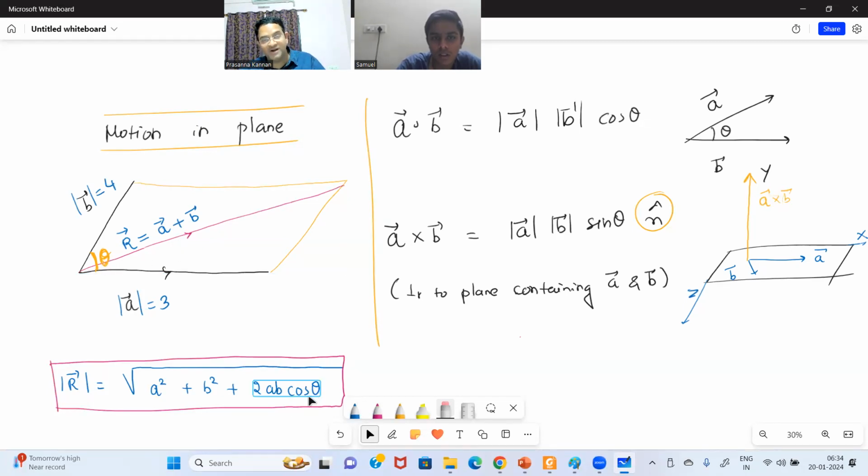Suppose theta is 180, cos 180 is minus 1. Then it will be 3 square plus 4 square plus 2 into 3 into 4 into minus 1. You will get the answer as 1 unit if you take the modulus. So answers will depend on the angle theta, that you must understand. Okay, great. So these are some of the concepts in vectors that you need to be thorough with.